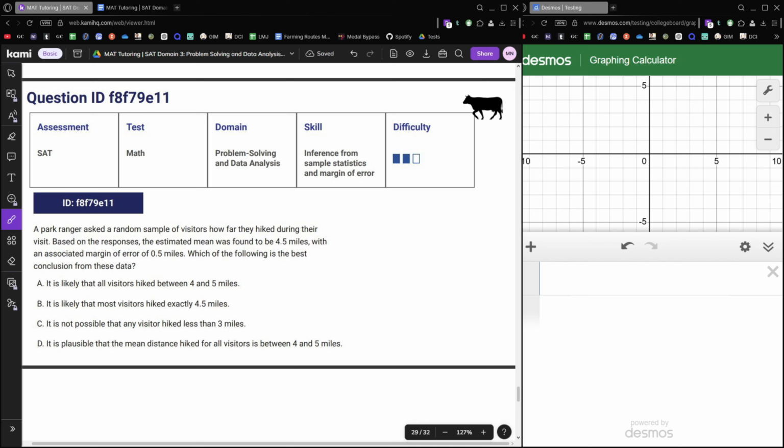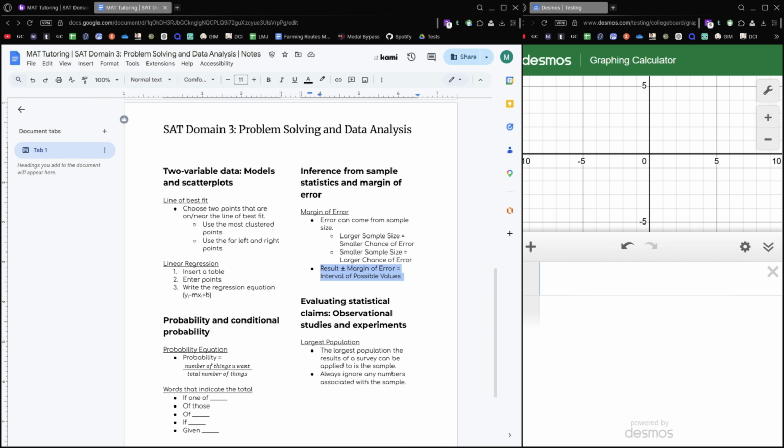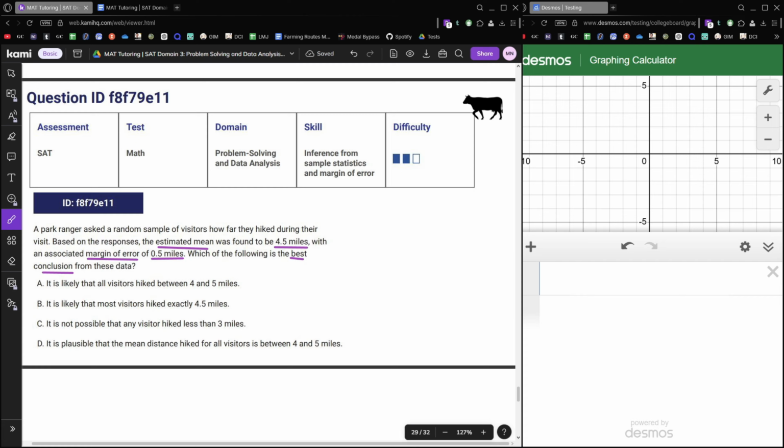Slide number 29. Our result is that the estimated mean is 4.5 miles and the margin of error is 0.5 miles. Then they want us to find the best conclusion. Once again, you want to take your result and add and subtract the margin of error from it to get the interval of possible values.